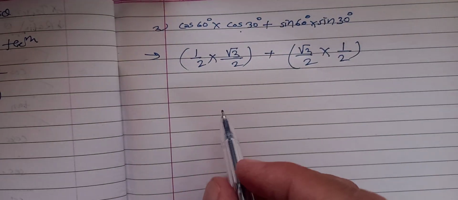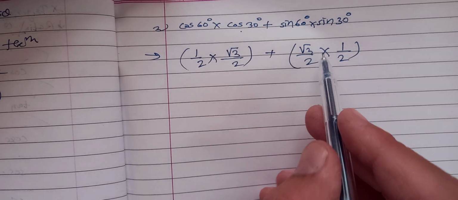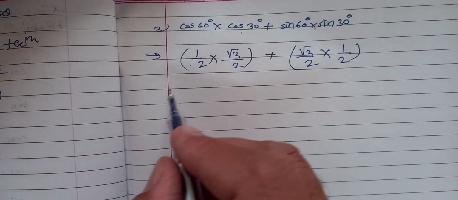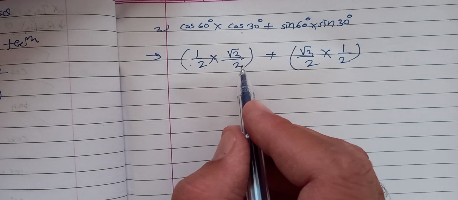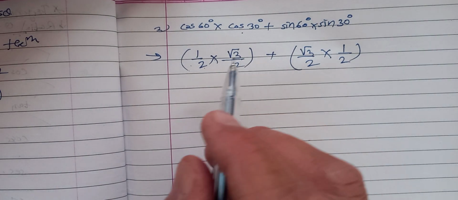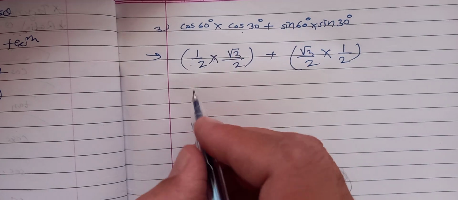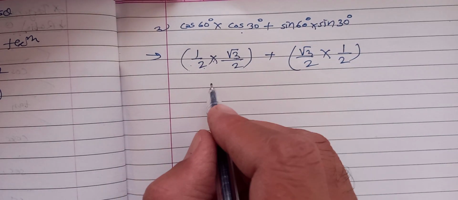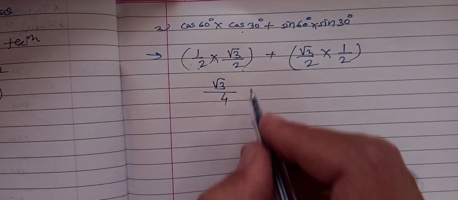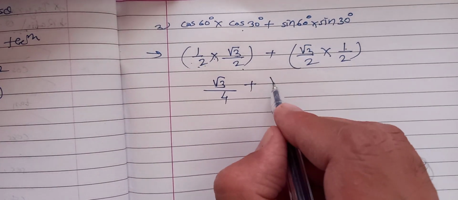So many of the students are not observing here: multiplication means you have to multiply numerator with numerator, denominator with denominator. Here there is no addition; making the denominator same is only when addition and subtraction. But if multiplication, then simply multiply numerator with numerator, root 3, 2 twos are 4. That is the product. Plus root 3 plus 4.